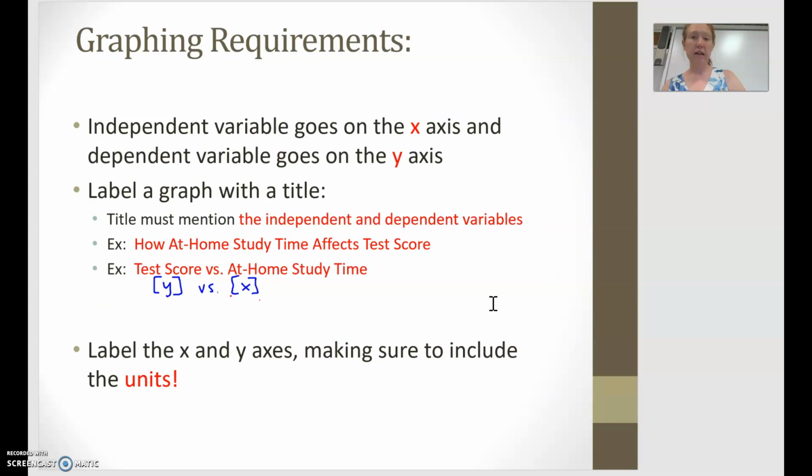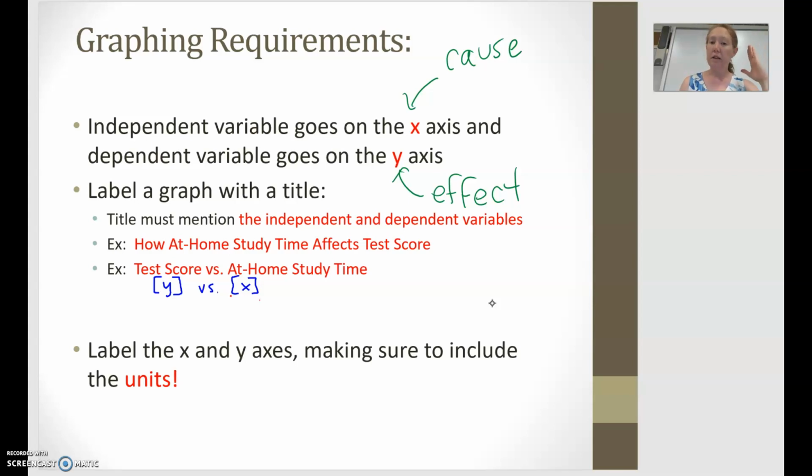When you graph in science, there are etiquette rules, and you've learned these in other classes, but let's review them. The independent variable, which I change, that's like the cause. Something I do in the experiment as the experimenter is the variable that goes on the x. And then the effect, or the dependent variable, what happens as a result, goes on the y, typically. Sometimes there are exceptions to that rule, but we're going to stick with that unless I tell you otherwise.